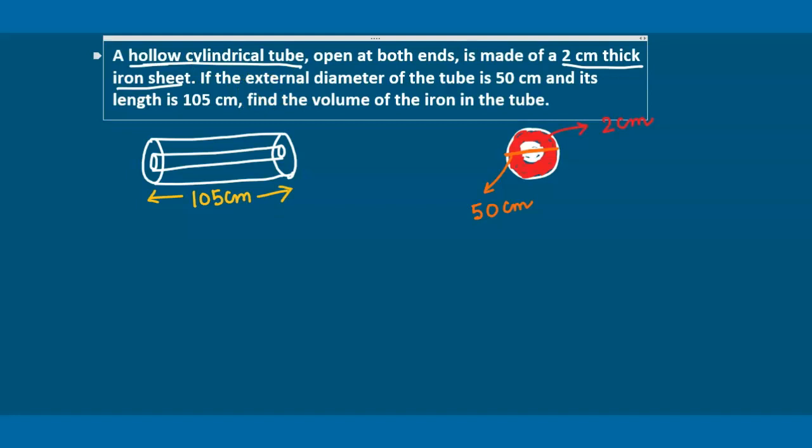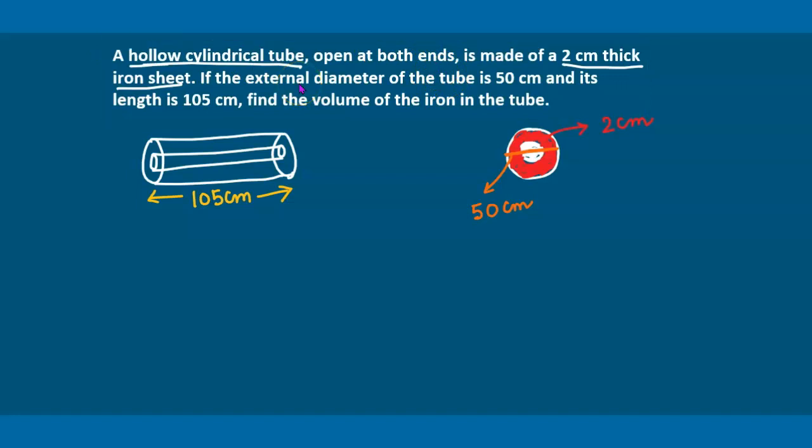So now let's try to look at this cylindrical tube vertically. If I make a vertical diagram, it is going to look like this. Now this length will become its height, and that will be equal to 105 centimeters. Now just imagine for a minute, it is not hollow.